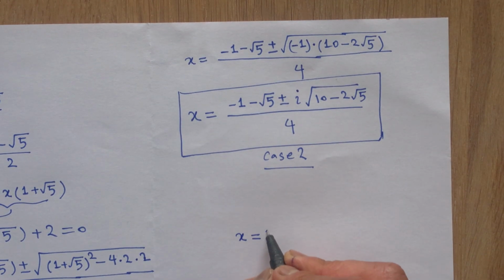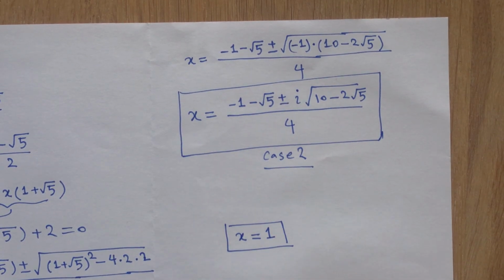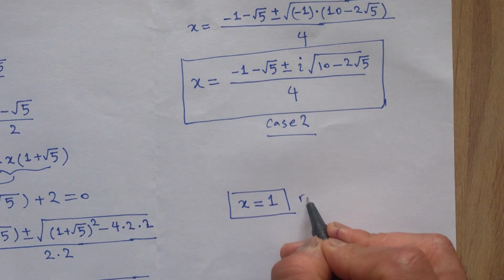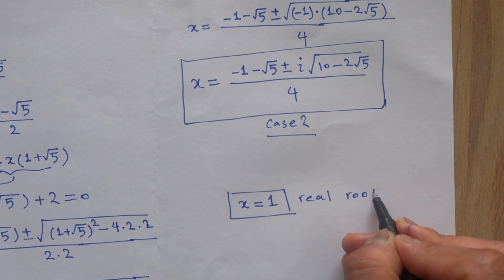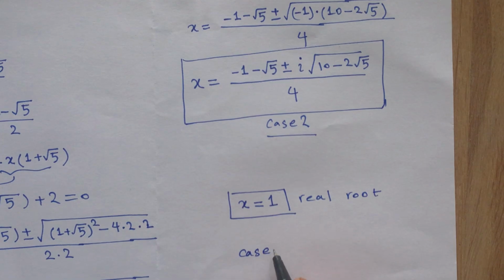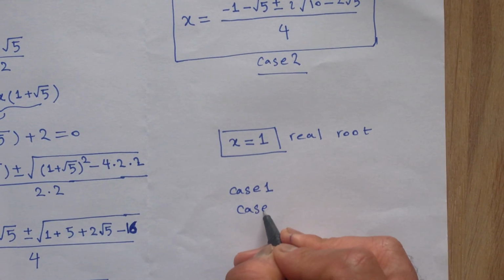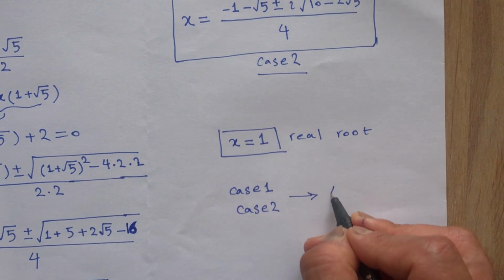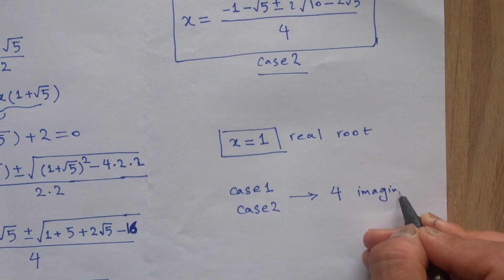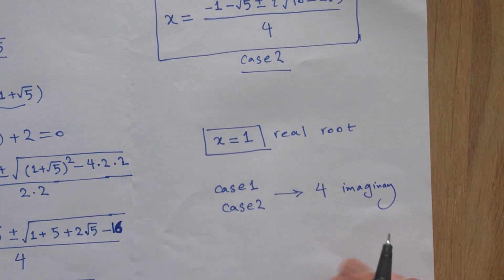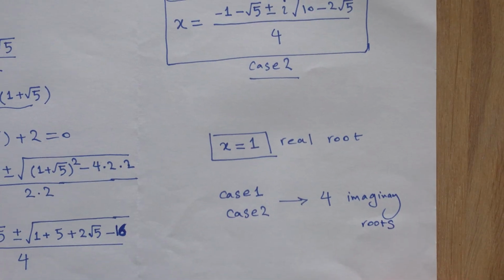X equals 1 is the real root, and for case 1 and case 2 I have 4 imaginary roots. Thank you for your attention.